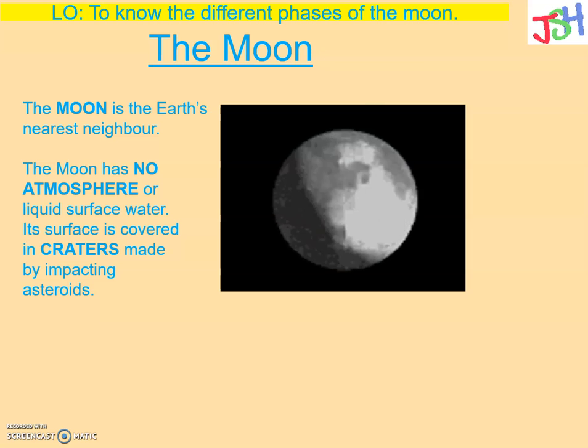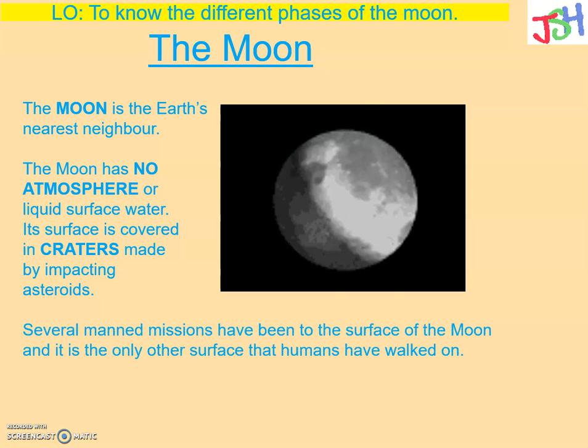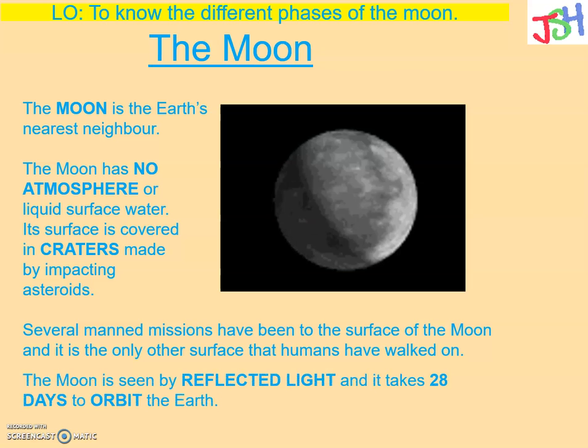As the moon orbits the Earth, the shape of the light cast onto the moon changes. We call this the phase of the moon. Several manned missions have been to the surface of the moon, and it is the only other surface that humans have actually walked on.